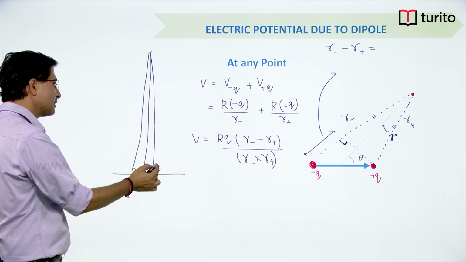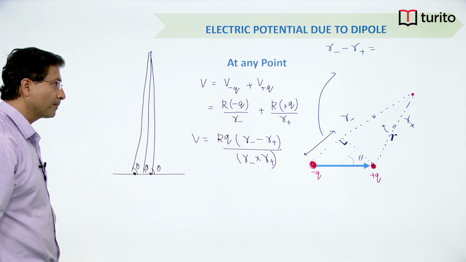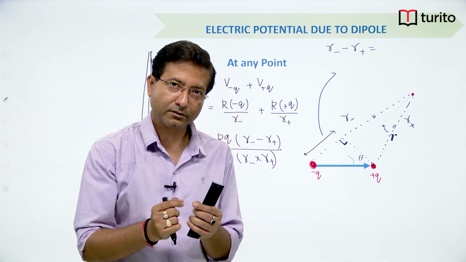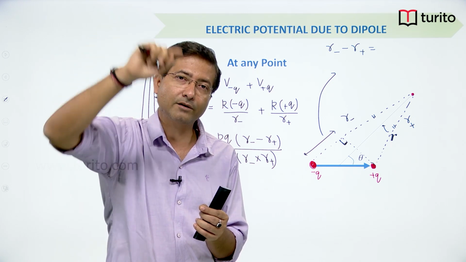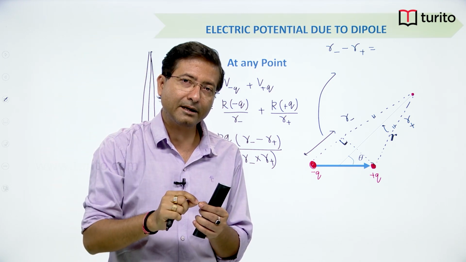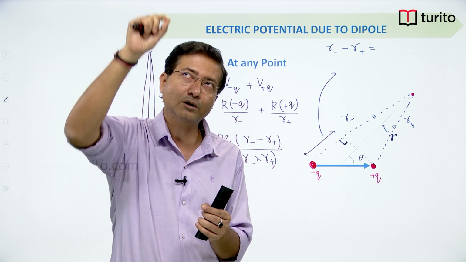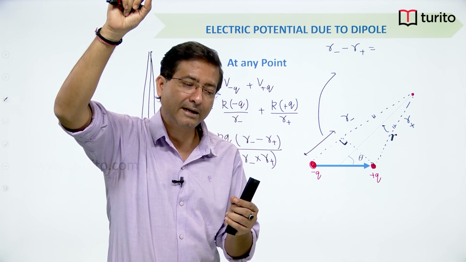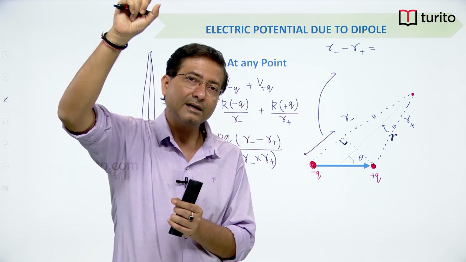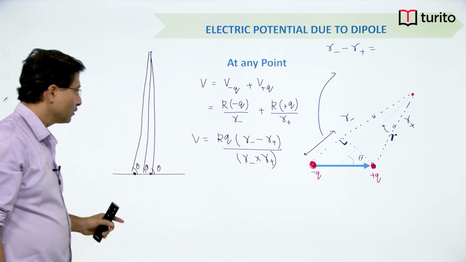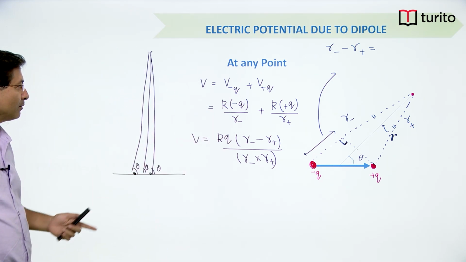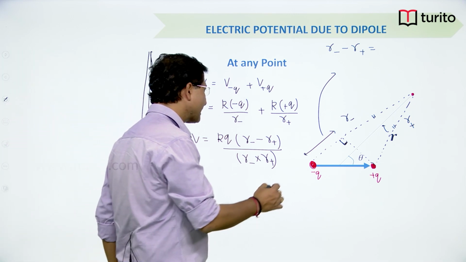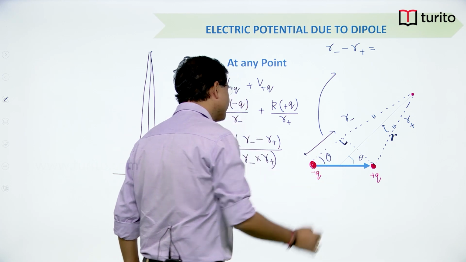If I consider this as theta, this will be approximately theta and this will be theta. Two points are very close and we need to find the potential at a far away point. So whatever be the angle made by the line joining the center to the point, the same will be the angle made by the line joining the point to the negative charge as well as the positive charge. These angles will be almost equal because this gap is very small. So I can consider this angle to be almost theta.